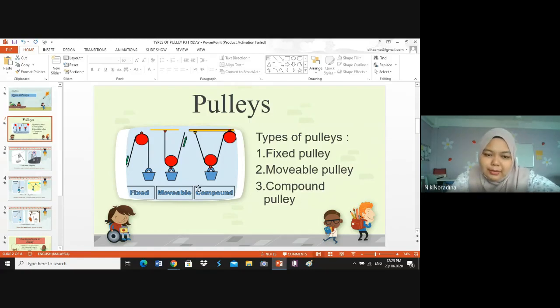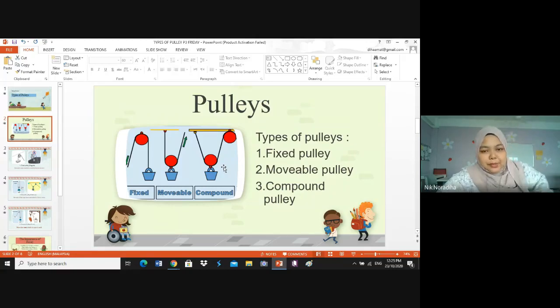Okay, so as you can see in the picture here, this is the fixed pulley. The second one is the movable pulley. It can go back and forth. And the last one we have is the compound pulley. Compound pulleys have more than one pulley.